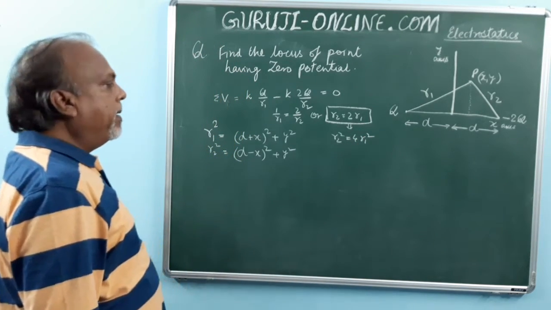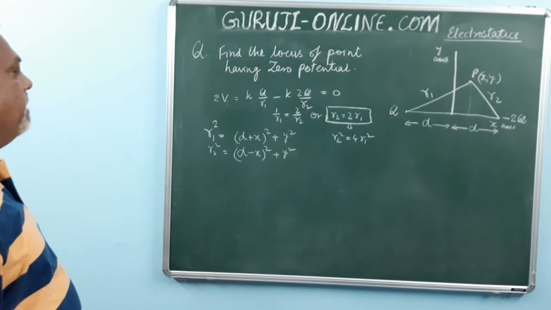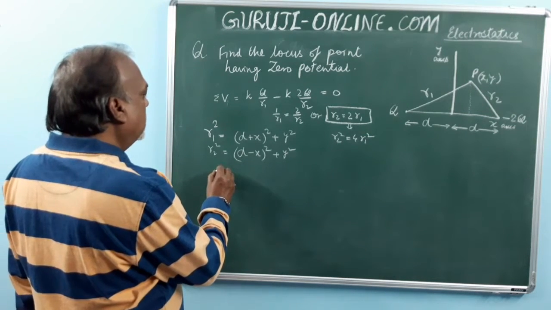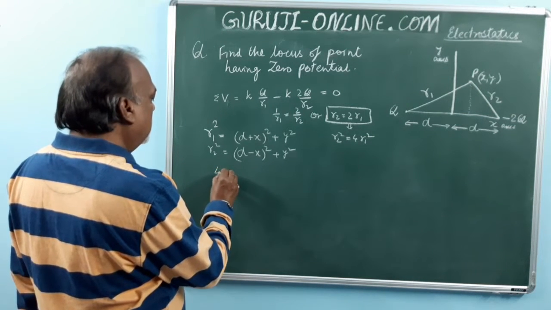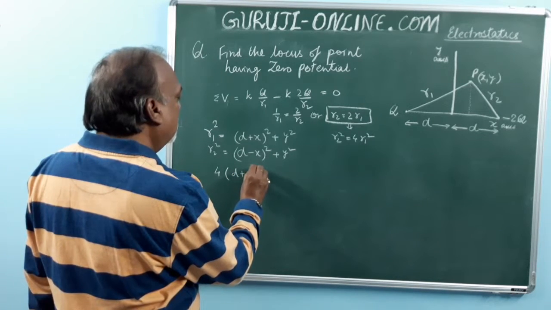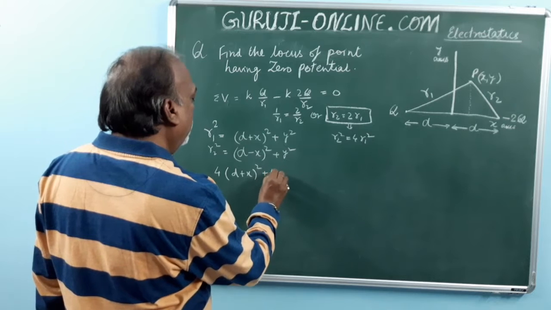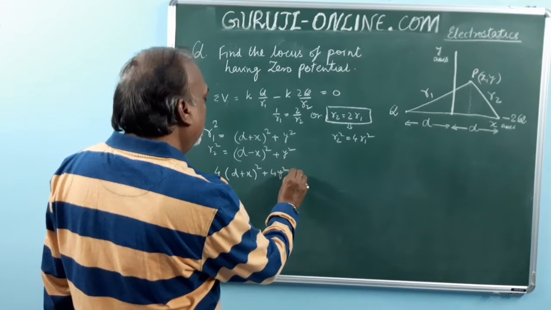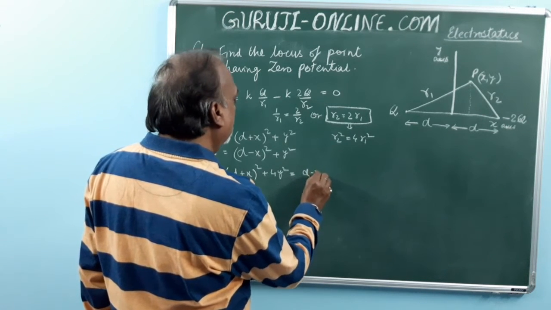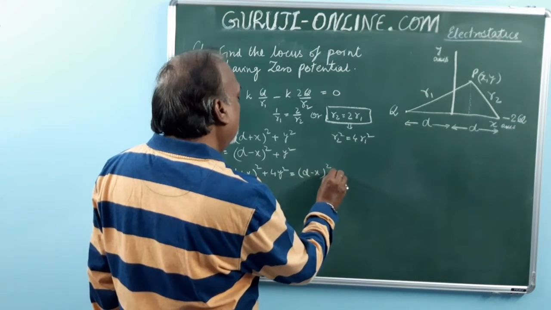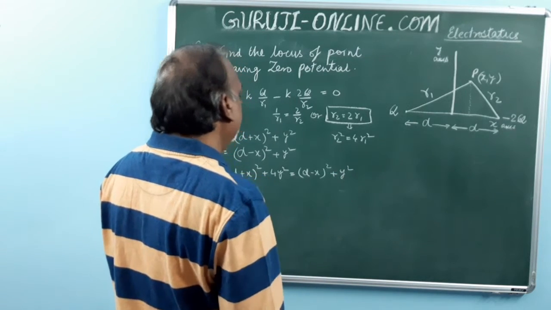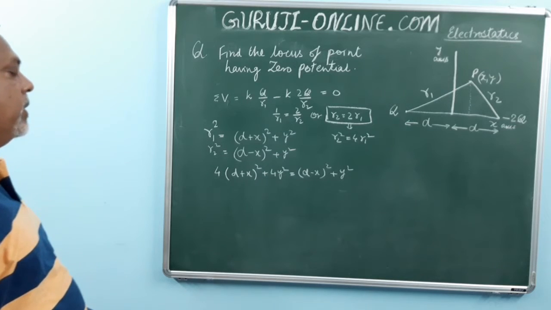Put these values here. That means 4 (d plus x) whole square plus 4y square must be equal to (d minus x) whole square plus y square. Correct?